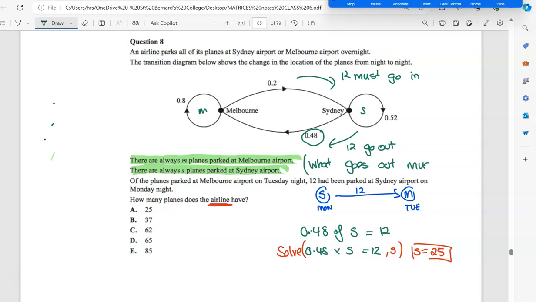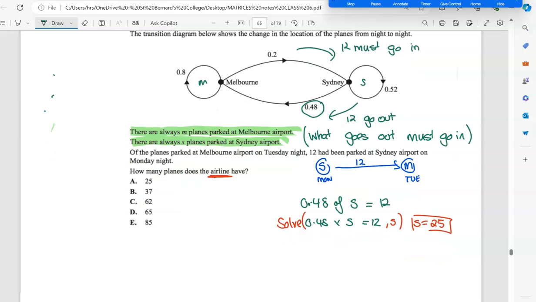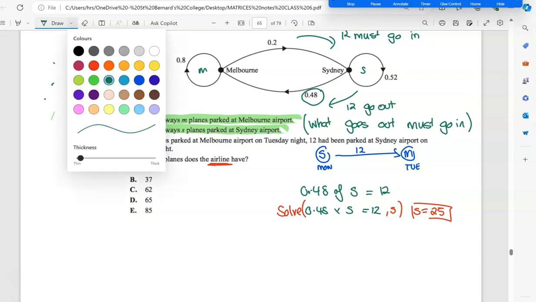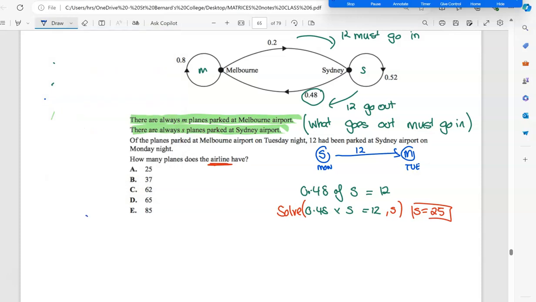So now we have the other statement I can use up there. Well, if 12 went out, we can say from Melbourne to Sydney we had 12 as well. If you look at that one's percentage, that's 0.2. So then we can say, all right, 0.2 of Melbourne has to equal 12 as well.